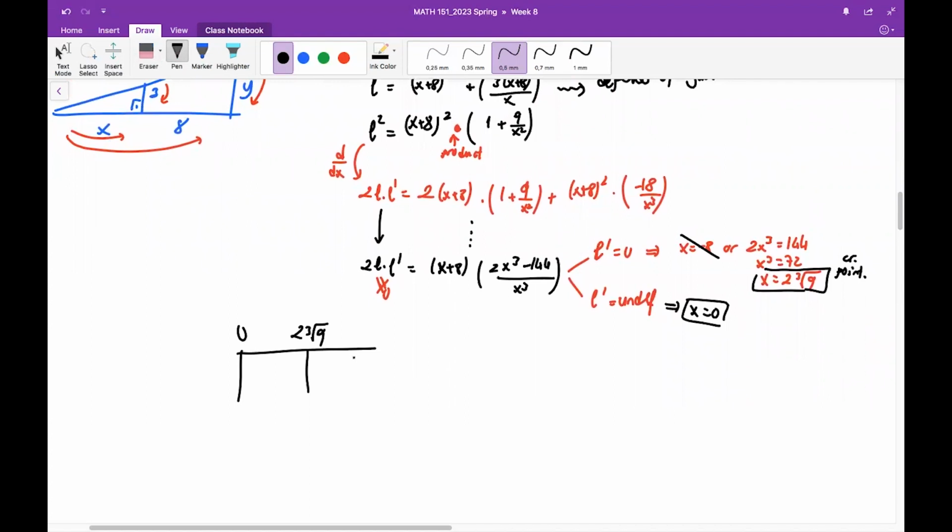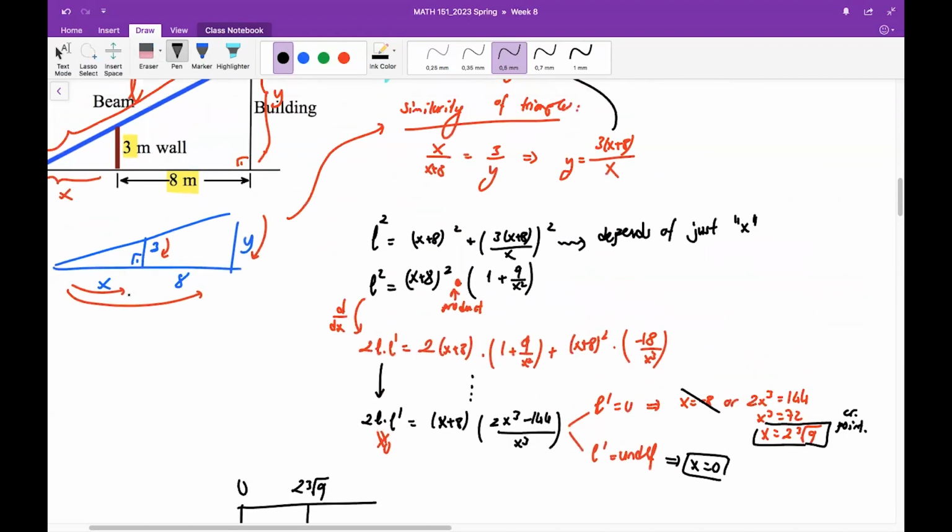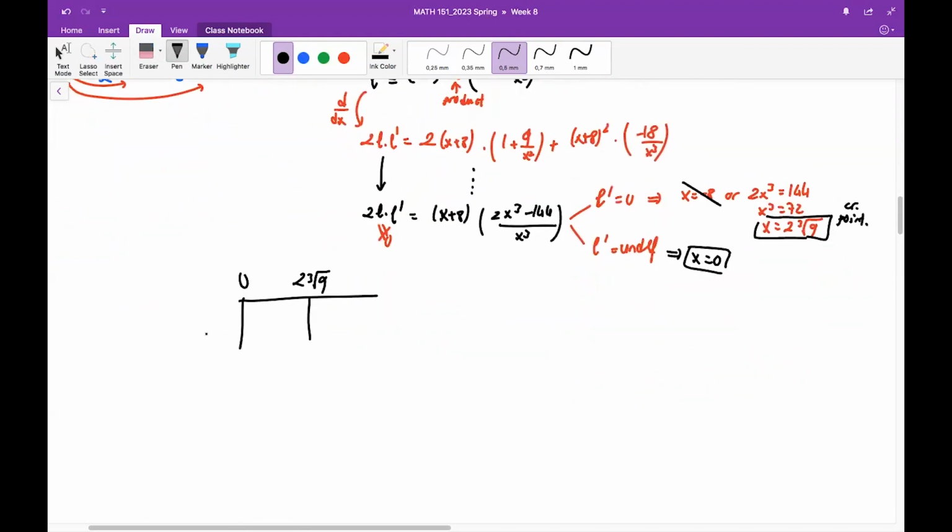So this is the critical point, and then L prime, I am constructing the sign table now, and L. L prime is 0 here, and if you choose a number between 0 and this number, like you can just choose 1, you will see that L prime takes negative values.